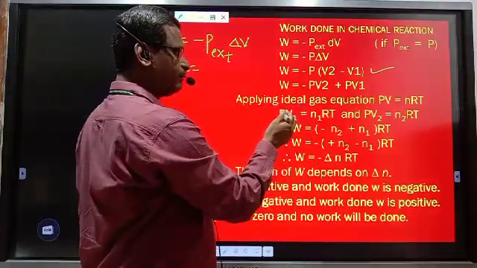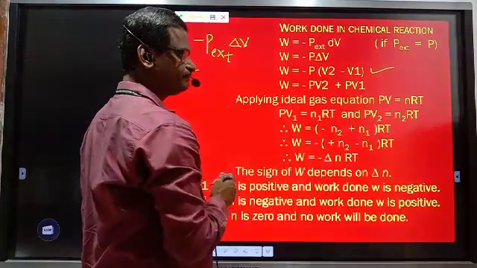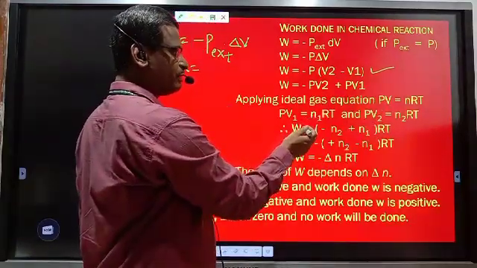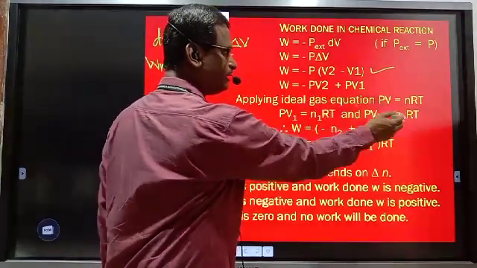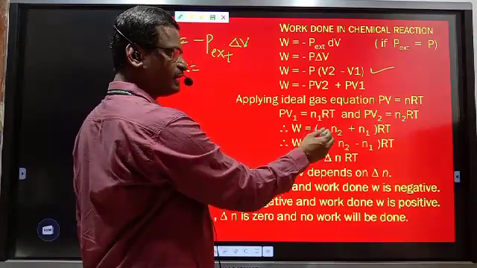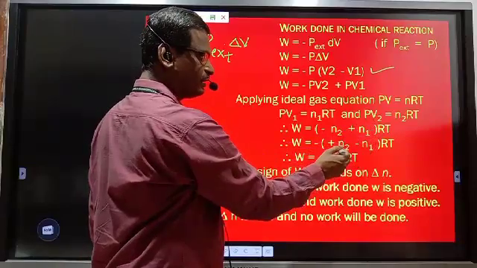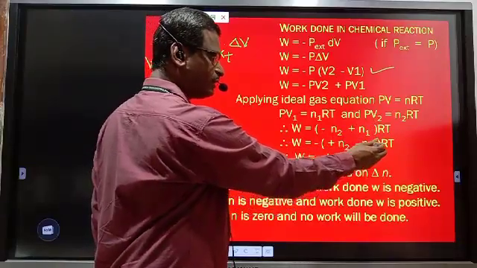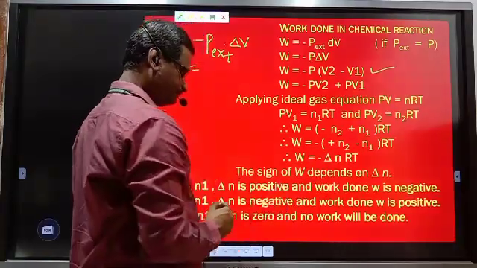And there also we know PV1 is n1RT, PV2 is n2RT. So substituting, PV2 replaced by n2RT and PV1 replaced by n1RT, we get W is equal to minus (n2 minus n1)RT, and finally minus delta nRT.